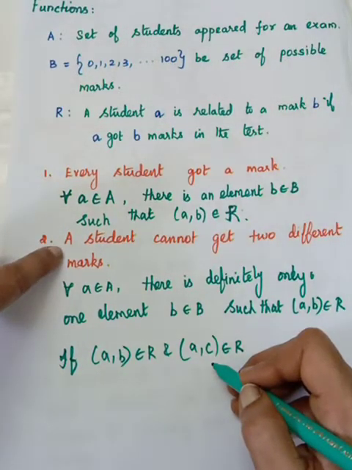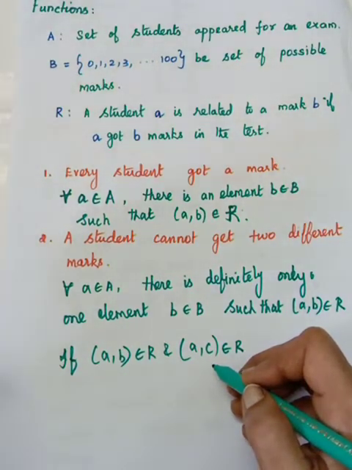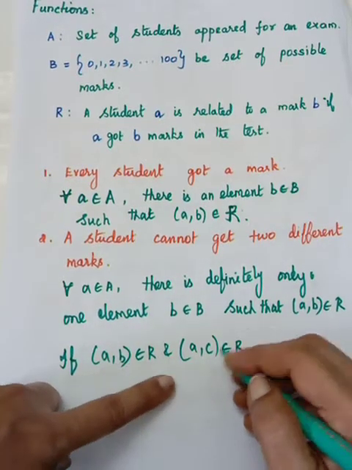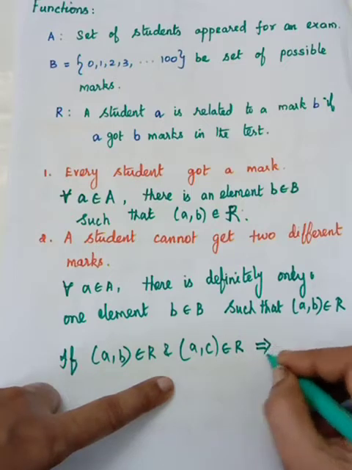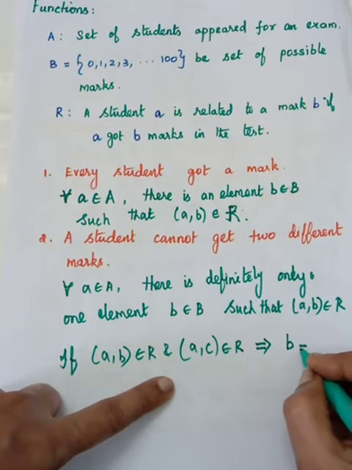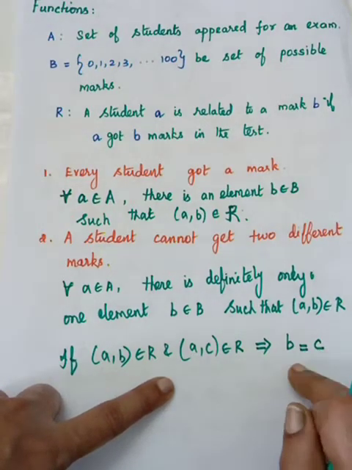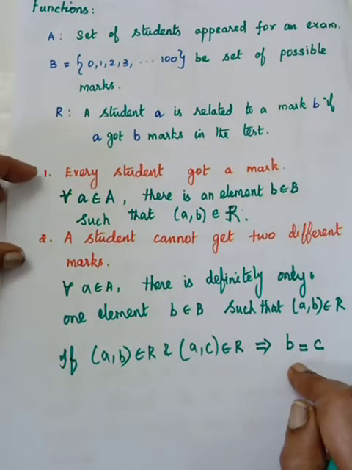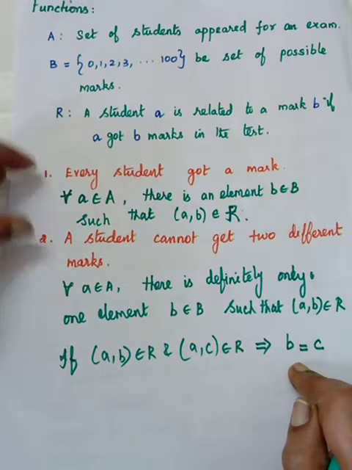Here we have said a student cannot get two different marks. If the student a got two marks b and c, then the two marks should be equal. Then only we can say a student cannot get two different marks. So these two results we are observing from this example.